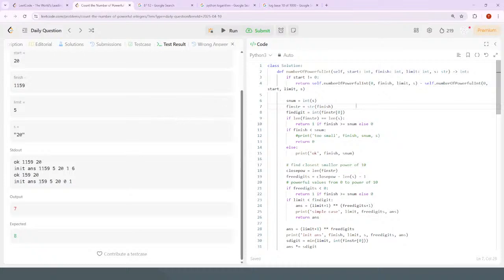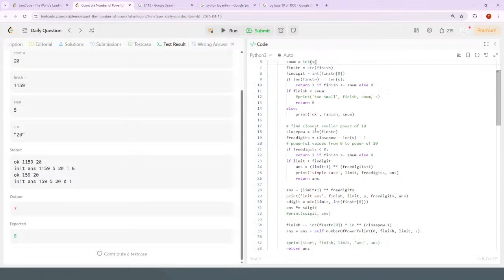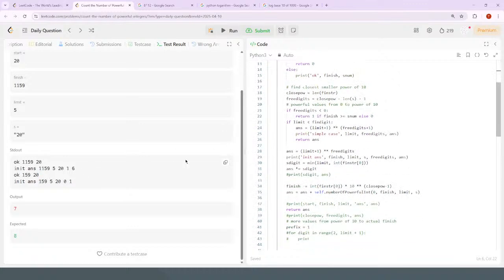But if you add another 1 in there, it doesn't work. So the initial answer is 6. And then it should be adding 2 more. It's only adding 1 more.